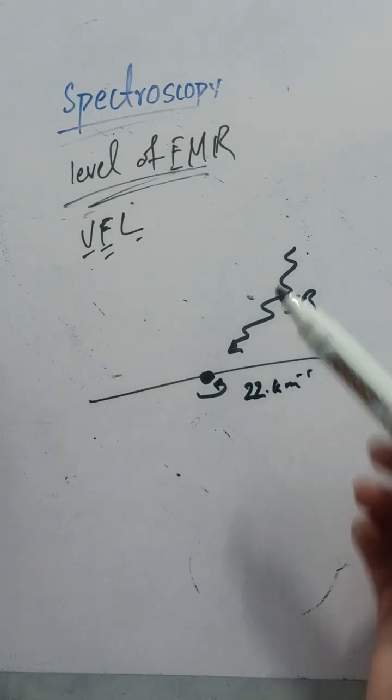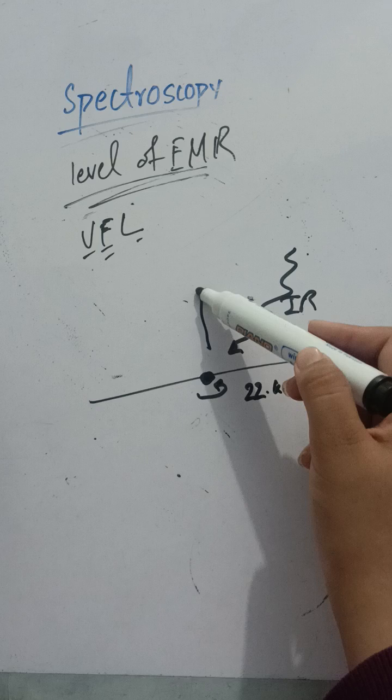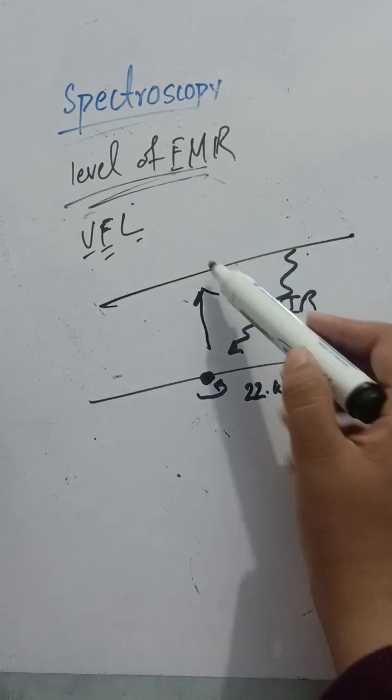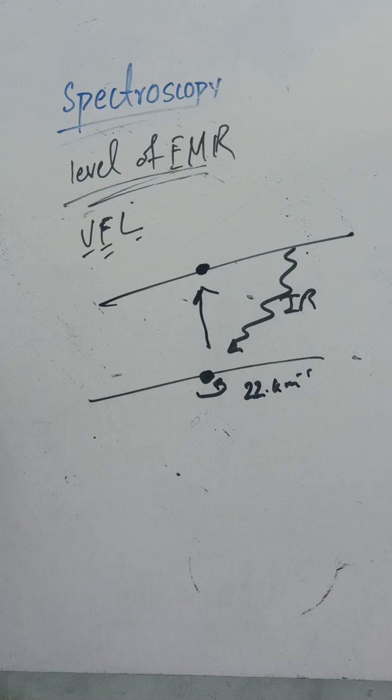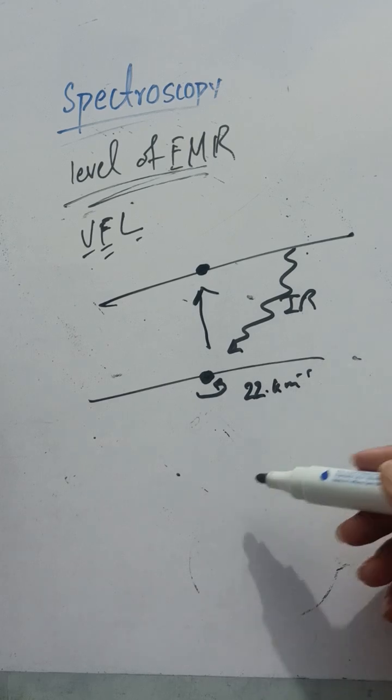And when it absorbs, it becomes excited, moves to the higher state, and now it will rotate with high energy because it has absorbed the energy with high amplitude.